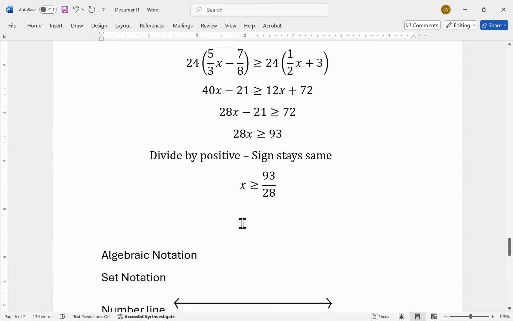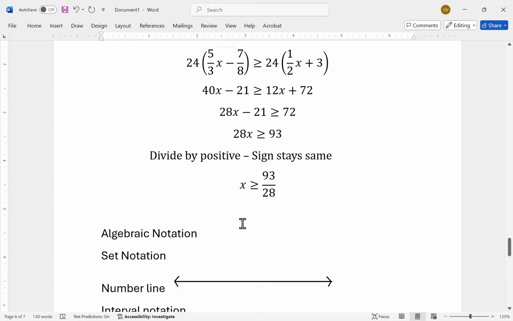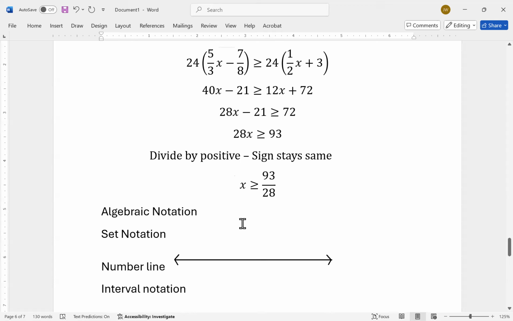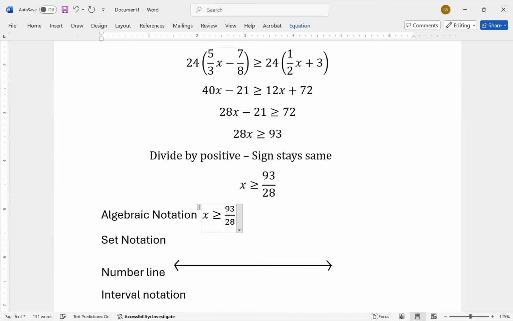If you wanted to use an approximate decimal, you could. If you wanted to use a mixed number, you could do that as well. Now, the algebraic notation for that is just x is greater than or equal to 93 over 28. By the way, 93 over 28 as a decimal is about 3.32.